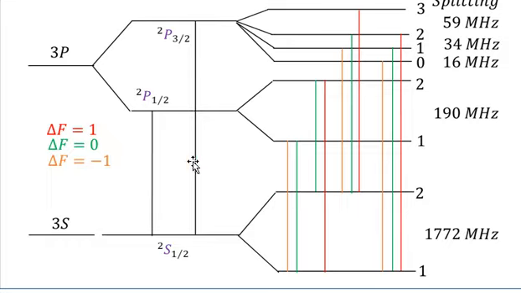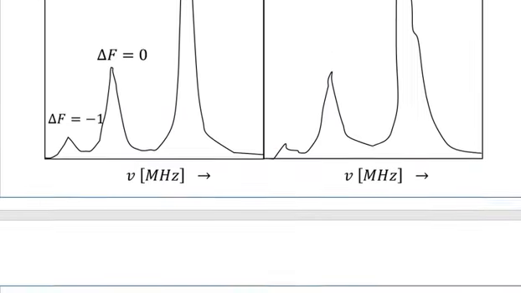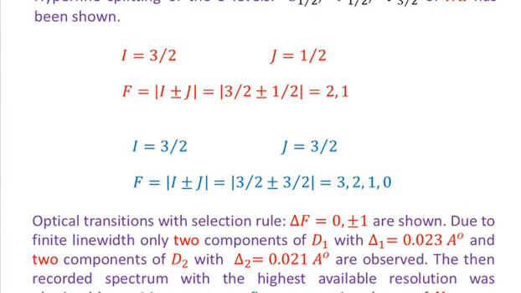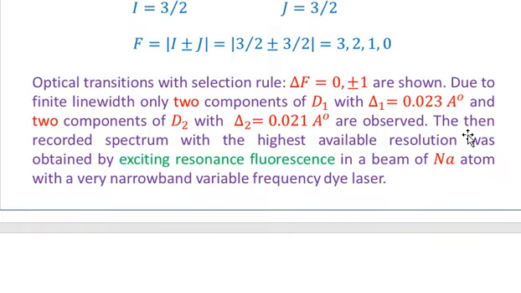And similarly, for the transition from the hyperfine levels corresponding to 2P1/2, which is the level for the D1 line, will also produce 2 lines with a significant intensity, because the third line will not produce enough intensity to be recorded.